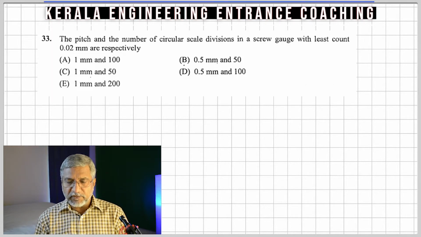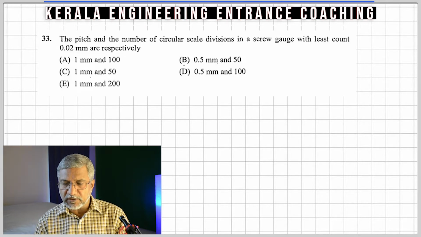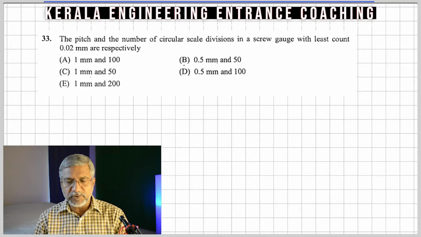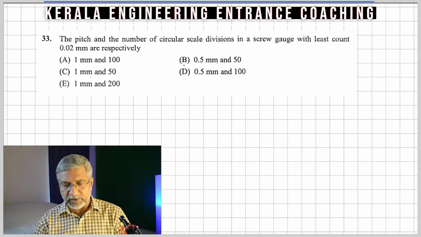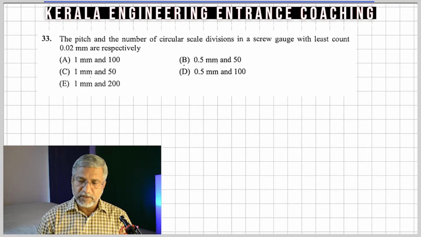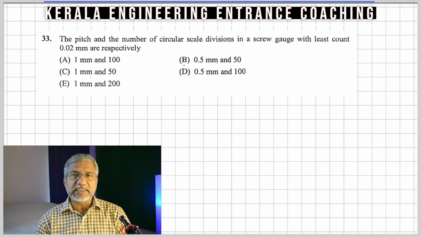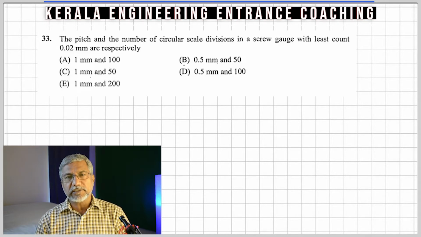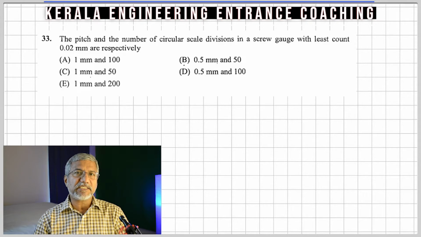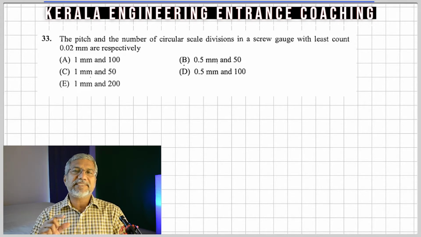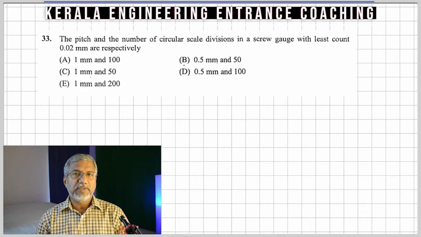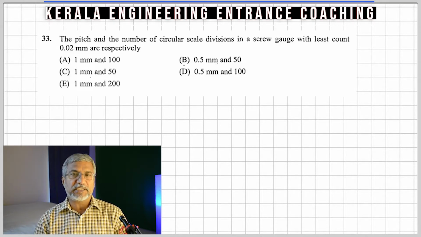Next is: the pitch and the number of circular scale divisions in a screw gauge with least count 0.02 millimeter are respectively. So this is about the least count of a micrometer screw gauge. We have to know that the least count, which is the smallest distance that can be measured using this instrument, is given by pitch divided by number of divisions on the head scale.